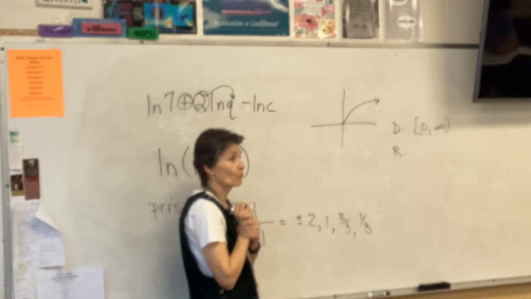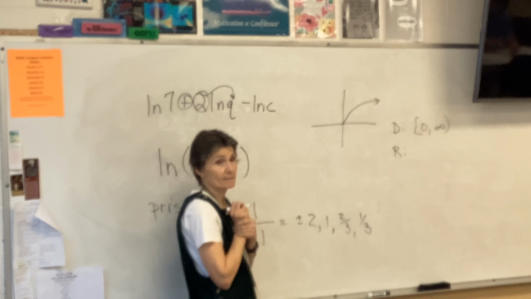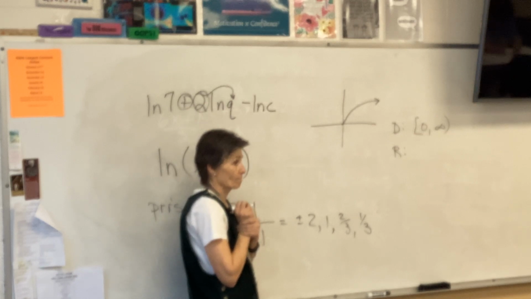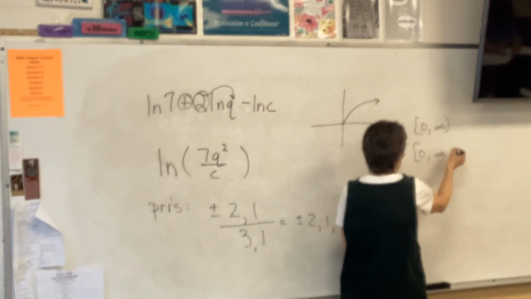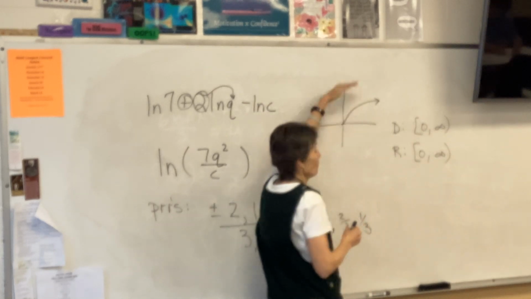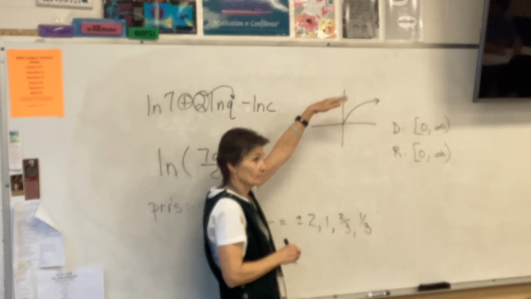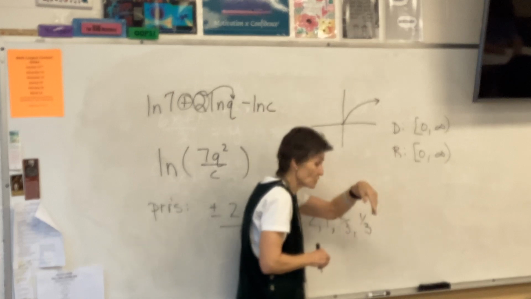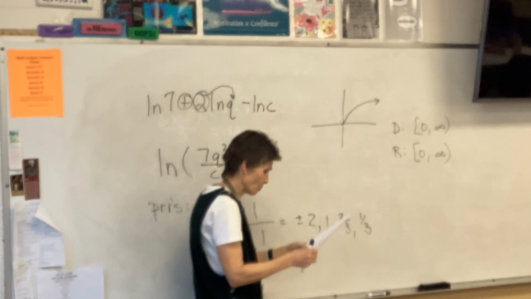Tell me about your range. That's the y's. Tell me about the y's. It's the same thing, isn't it? Aren't your y's starting at 0 and going up? Yep, so your domain and range happen to be the same. That's not the case for a lot of them, but it is for this one.